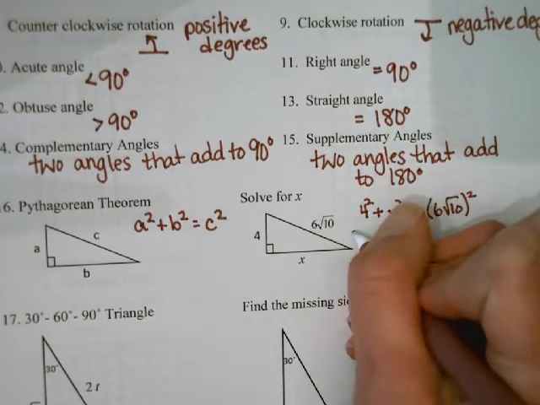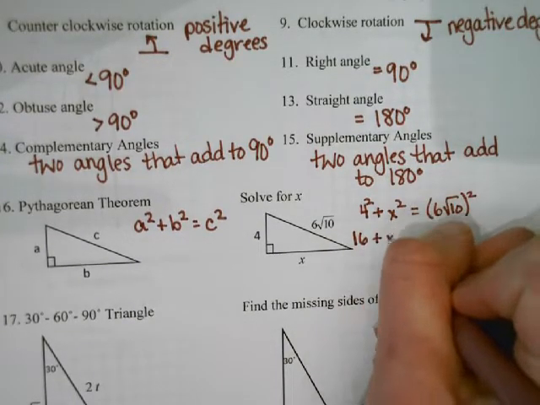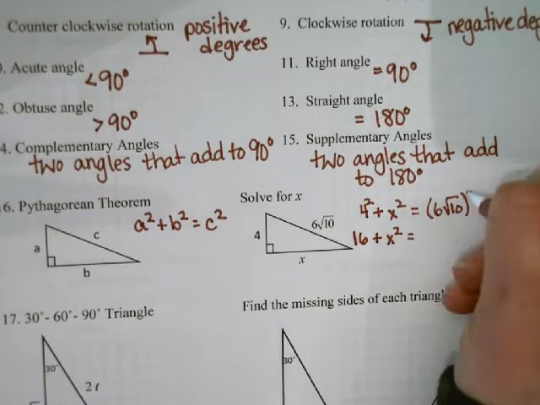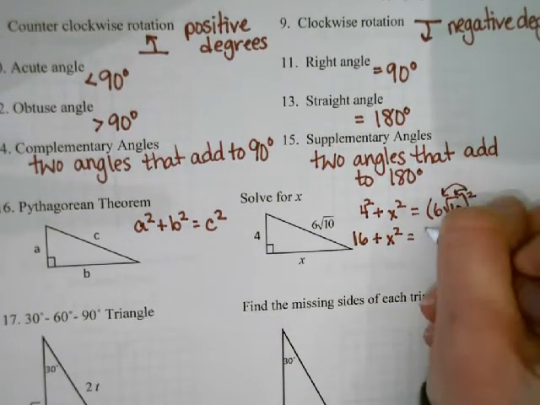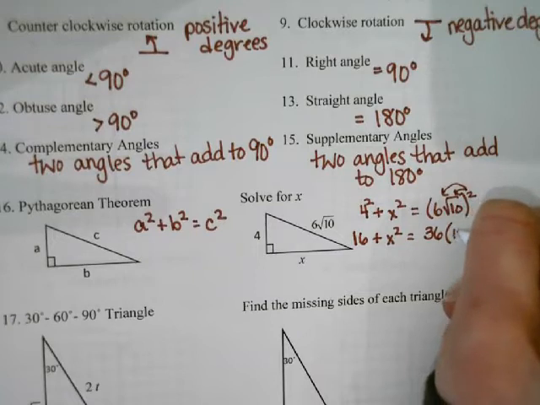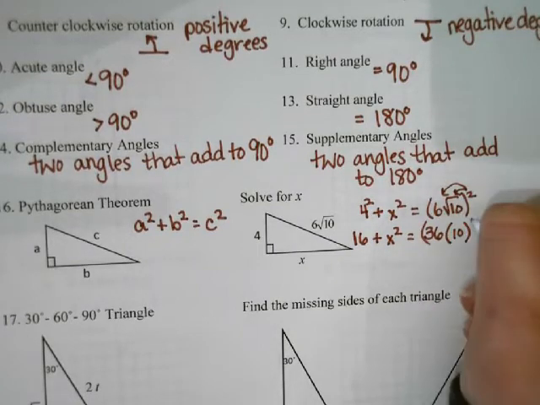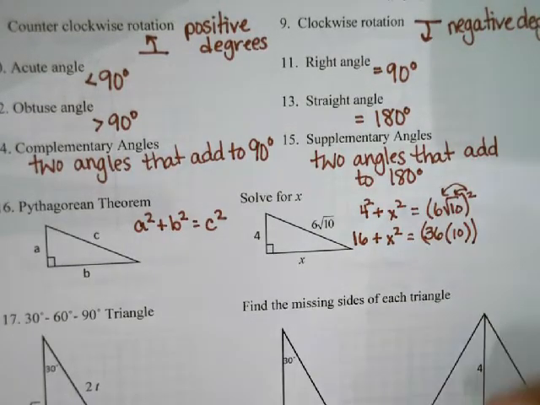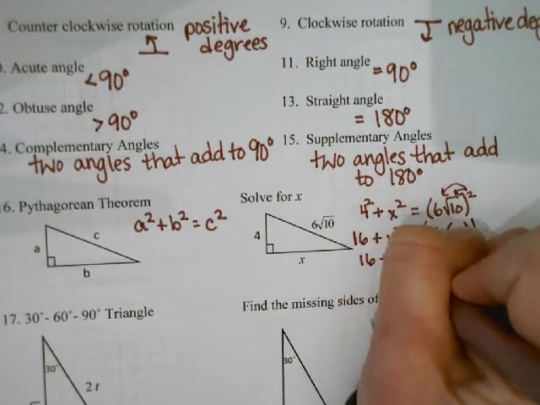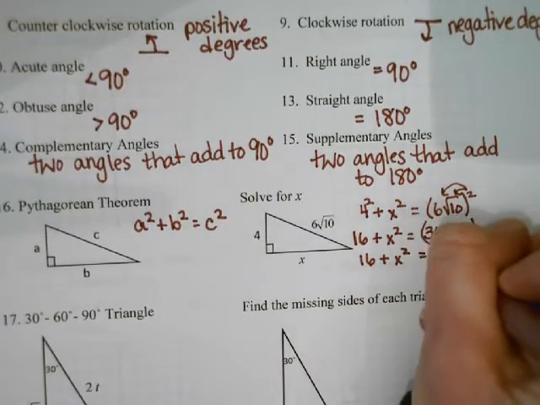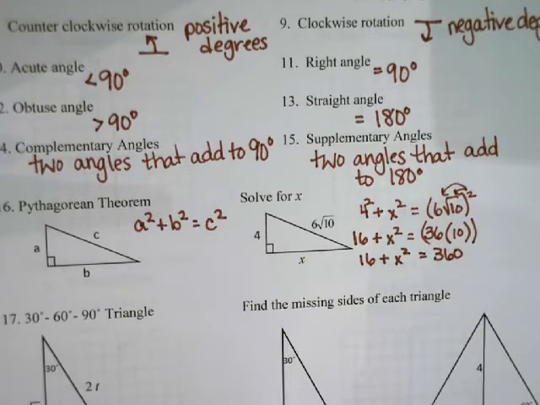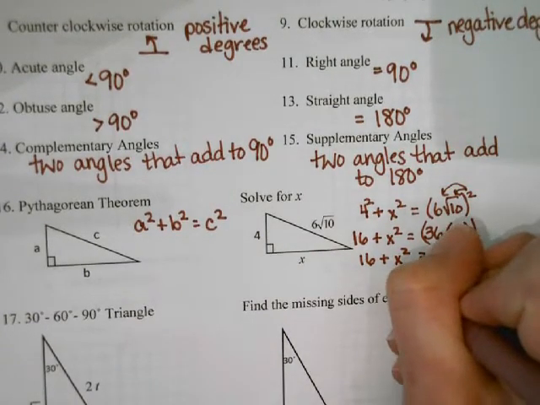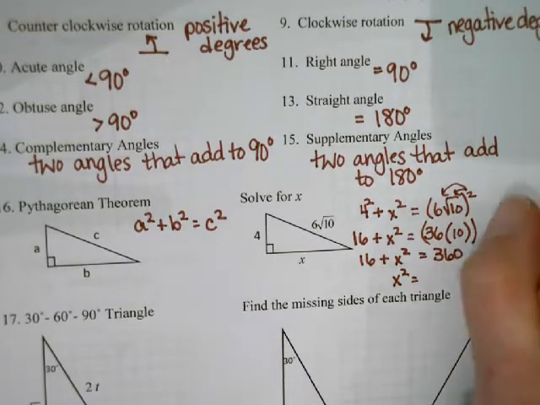So 4 squared is 16, plus x squared is equal to 36 times 10. So 16 plus x squared is 360. Subtracting the 16, x squared is equal to 344.